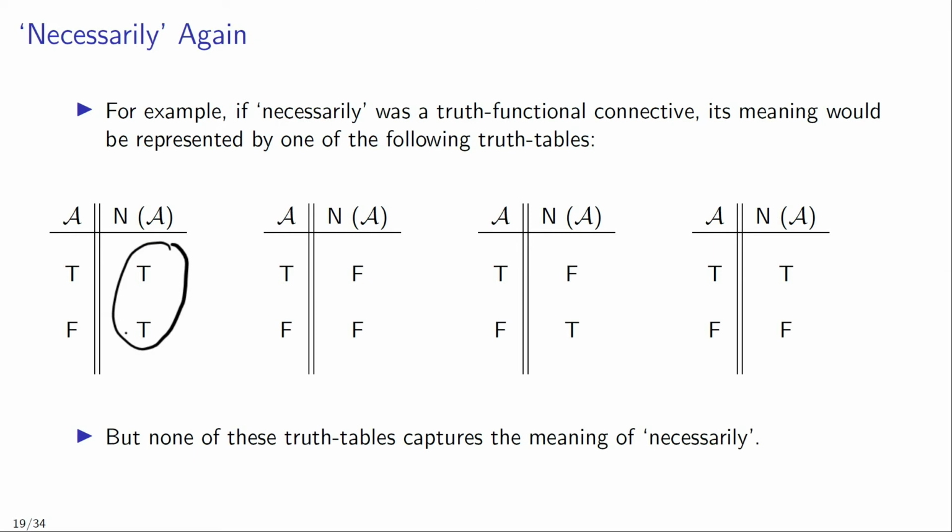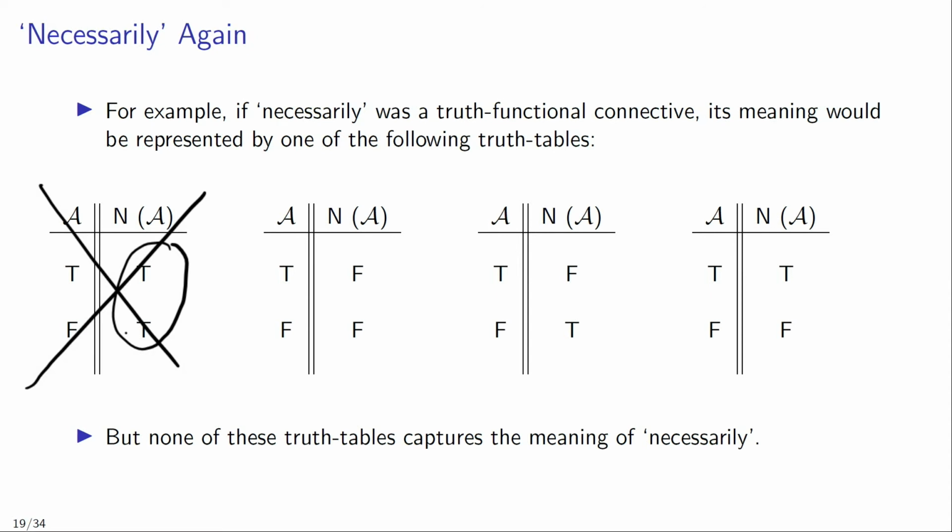This truth table effectively tells us necessarily A is true no matter what the truth value of A is. But that seems clearly incorrect. As we just saw, necessarily Atari has kibbles for dinner is false, since he could eat something else. So this truth table does not represent the meaning of necessarily.